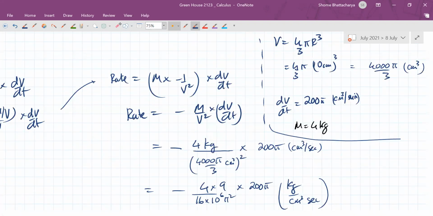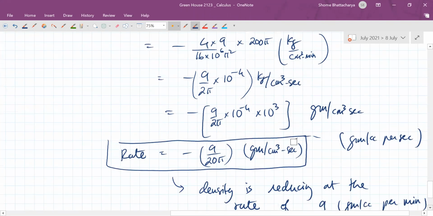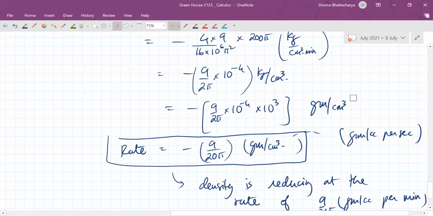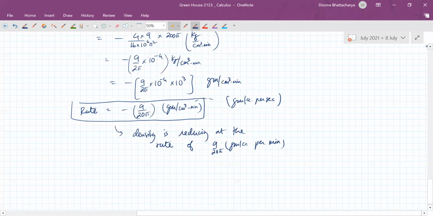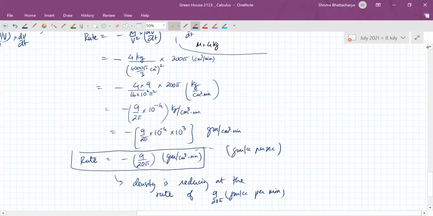I'll make that correction and then we'll see the whole thing again. Now I'll show you that we can get the same kind of result by using the relationship with radius also.